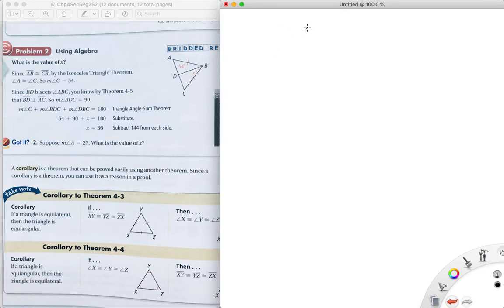So let's say we have an equilateral triangle, and remember, an equilateral triangle is a triangle where all 3 sides are congruent. Now we've already said that for the isosceles triangle the base angles are congruent, but if all 3 sides are congruent, then we can just add on that extra vertex angle up here. Since the sides are all the same, the angles opposite them must all be the same.